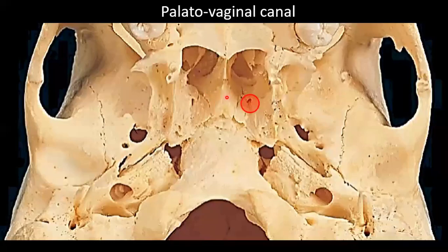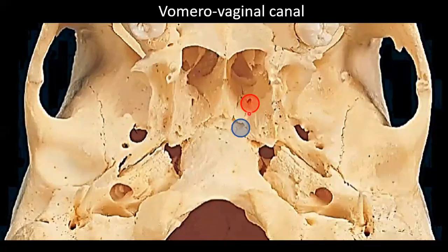Then there are two openings associated with the medial pterygoid plate and the vomer. One of these openings is known as the palatovaginal canal, and the other opening is known as the vomerovaginal canal.